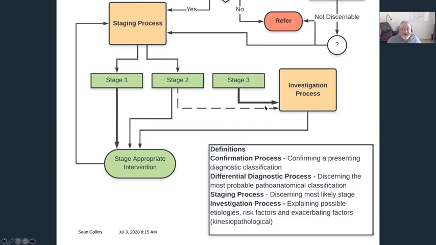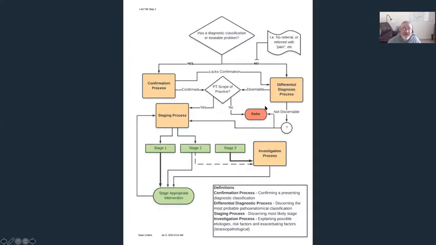The point here, I suppose, is that in the overall process, there are really 2 different things happening, or I guess you could say 3. There's a determination of the pathoanatomy and what that means in terms of stage, but then there's also this determination of kinesiopathology. What are the underlying movement issues that are leading to this problem?